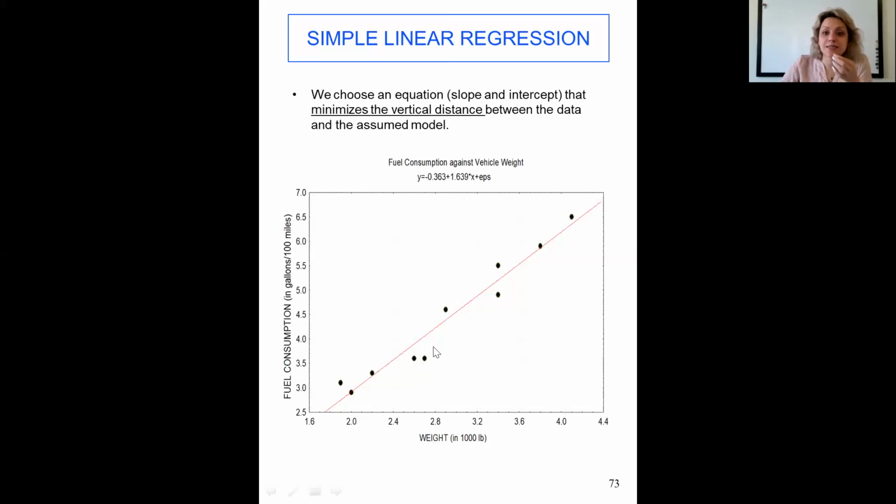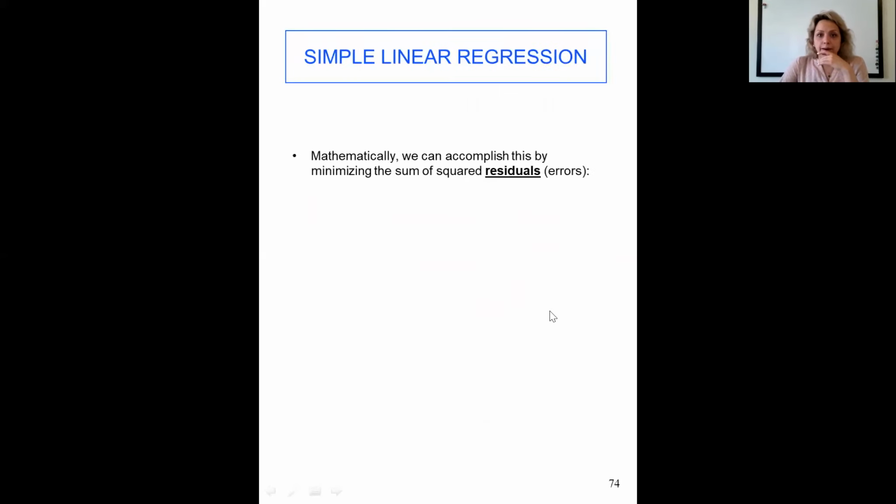We are going to choose the line which has the minimum sum of the squares of the residuals. So we call it the least squares method. We talked about that a lot in chapter 11 of CHE 220, in the basic studies.